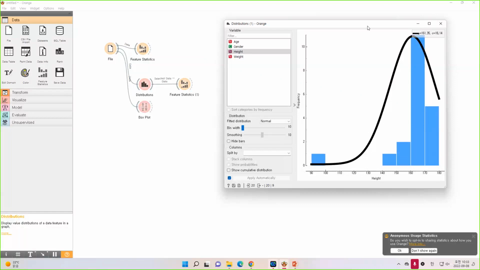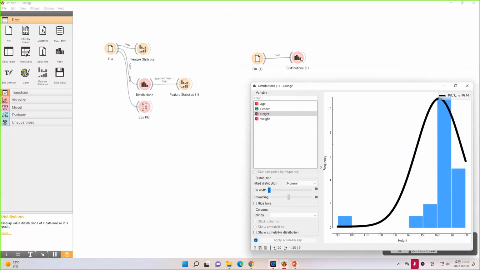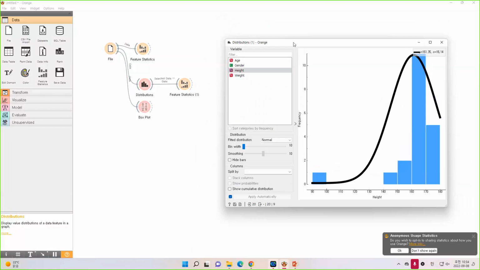So based on the data that I give to you, we have the height and weight, and you can select the distributions. Let's say now I'm looking at the height.